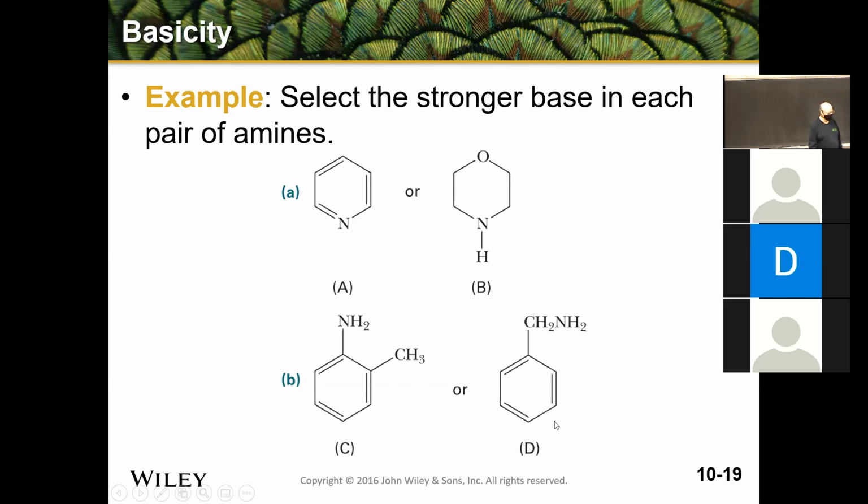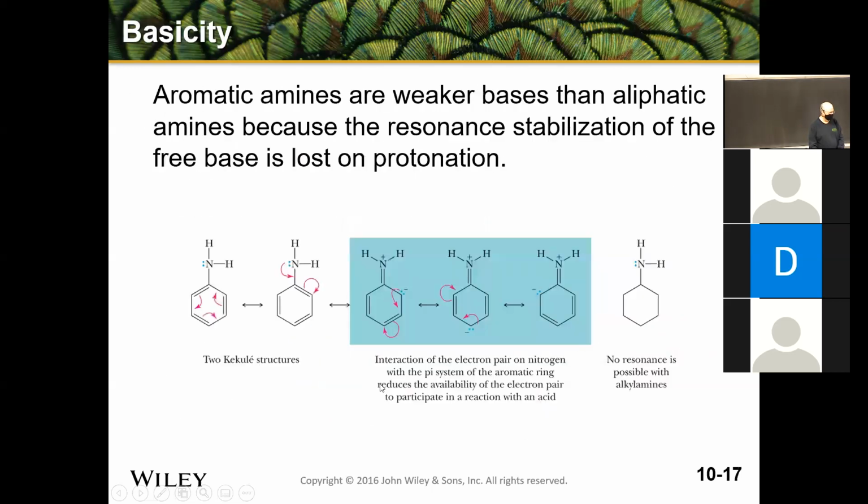You have resonance structures with the benzene ring, but they have no effect on the nitrogen. So the lone pair is much more available to donate to a proton. Here, again, that lone pair is going to be delocalized by resonance and much less available, just like as shown here.